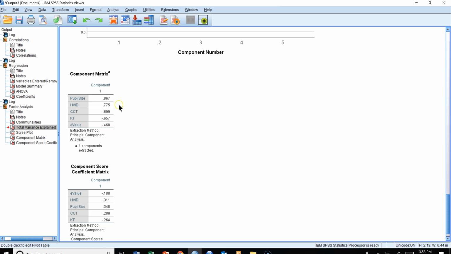A plus direction, it gets greater as HVID increases, it gets greater as CCT increases, but it decreases as KT decreases and E value decreases. And it's not necessary for the negatives to be at the bottom. A minus 0.657 is as strong as, or identical in strength related to the factor as a plus 0.657. In this case, it just happened that the 2 negatives are on the bottom.